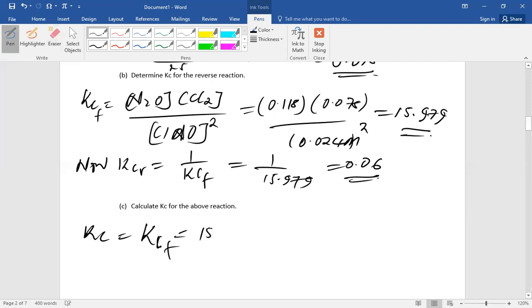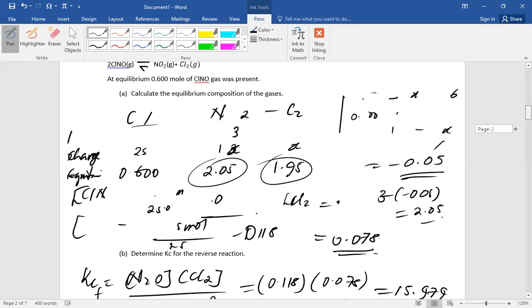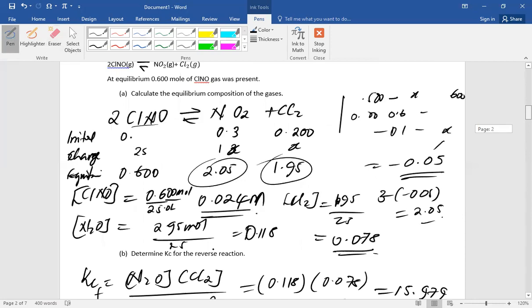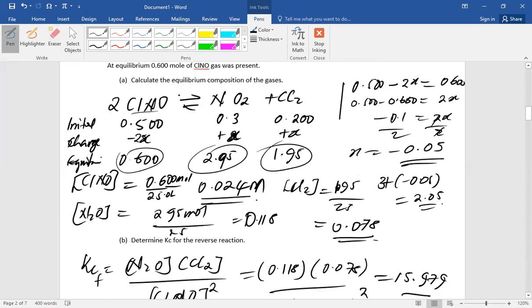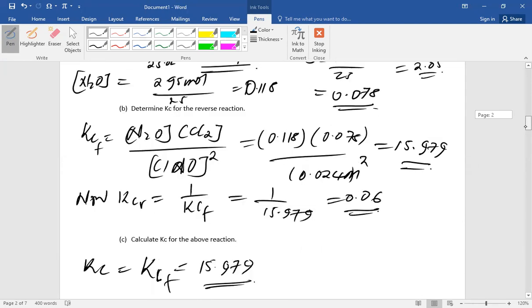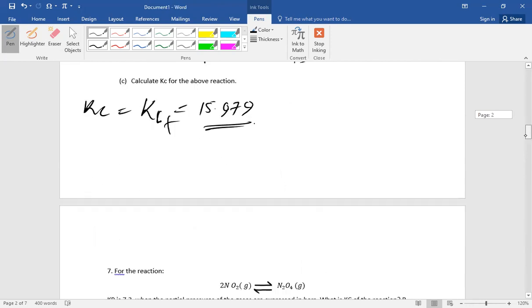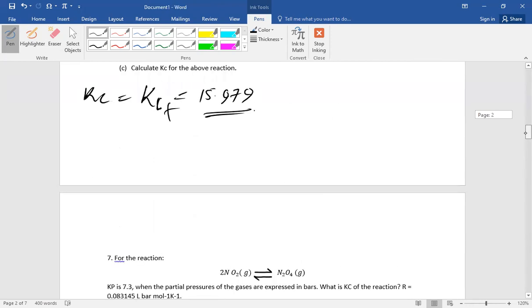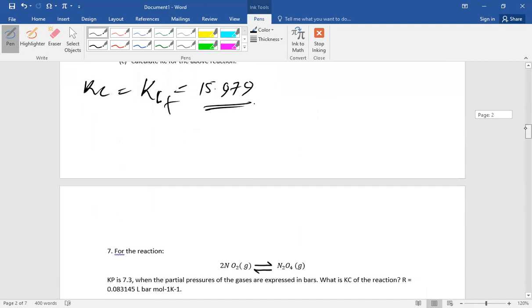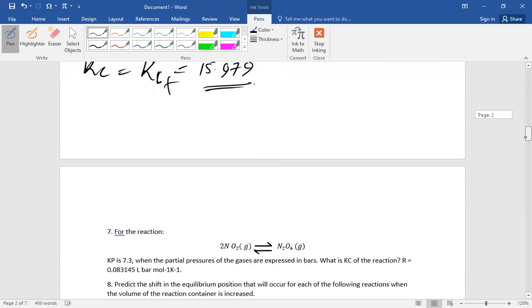So it's just going to be 15.979. We're going by this because that's how the reaction is. The reaction is this one here. So that's the formula we're using, which is forward. So it's the same as for the forward. But for the reverse, it will be 1 over that, which we have already gotten.